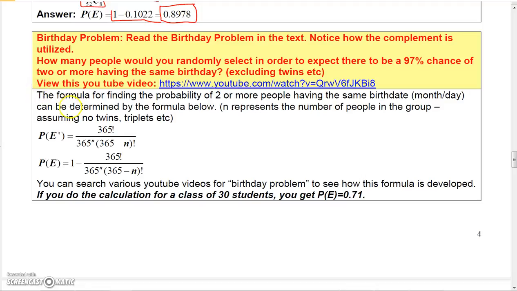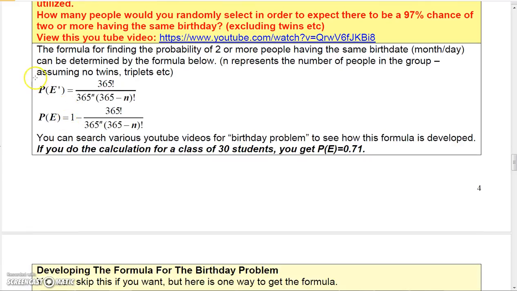Basically, the birthday problem says we want to find the formula for finding the probability of 2 or more people having the same birthday. Well, actually, you can show that this formula gives you the probability of no one having the same birthday.